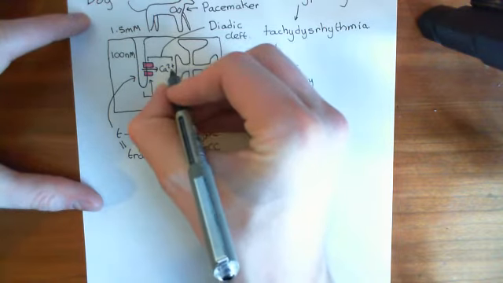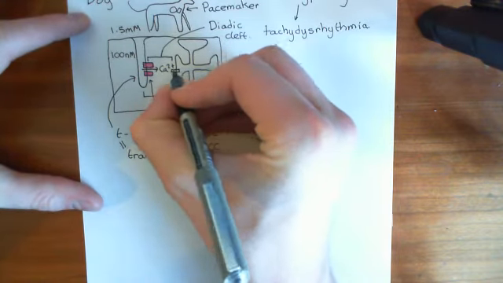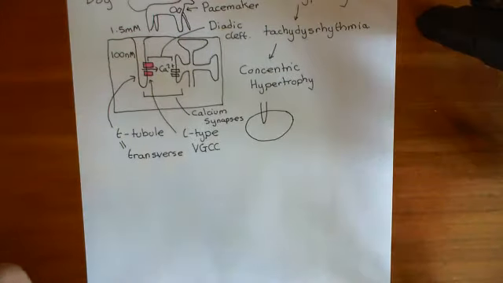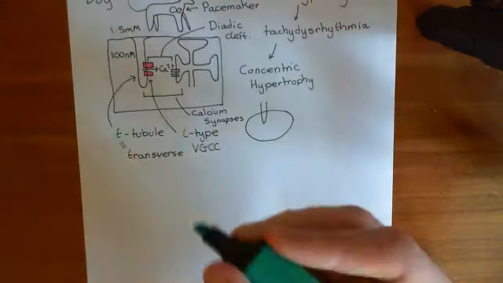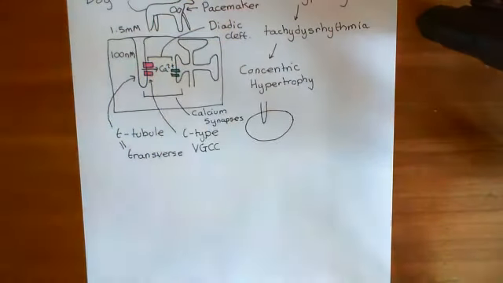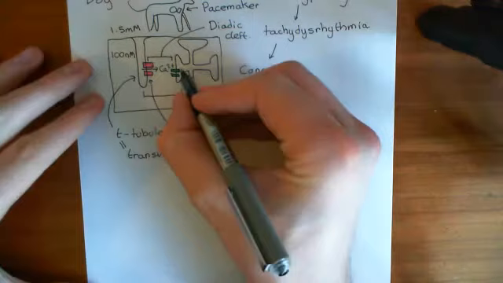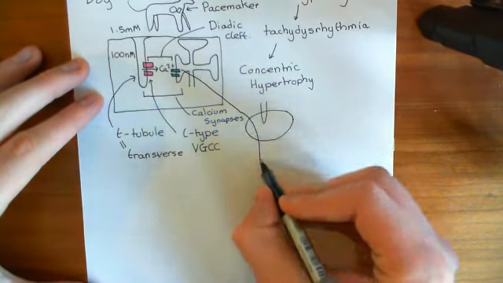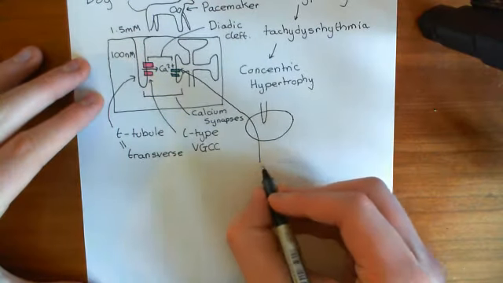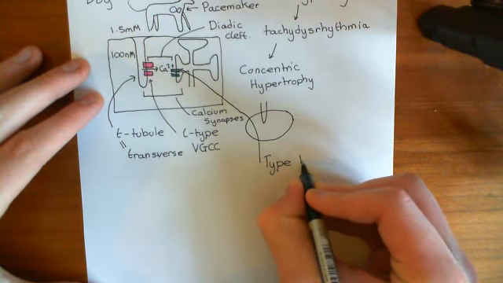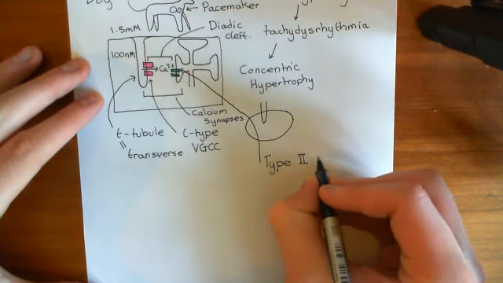So let's draw one of these receptors here. Okay, so nice in the sarcoplasmic reticulum, right? So let me colour this one in turquoise. So this receptor that the calcium is going to act on is basically the type 2 ryanodine receptor. So let me just put this over here. So this turquoise receptor is the type 2, and because its name is so important, we can put it in Roman numerals.